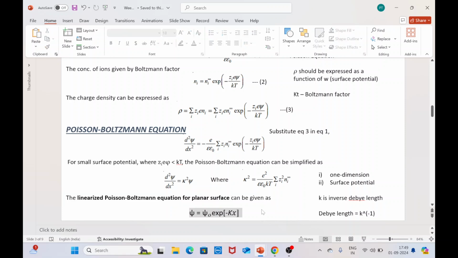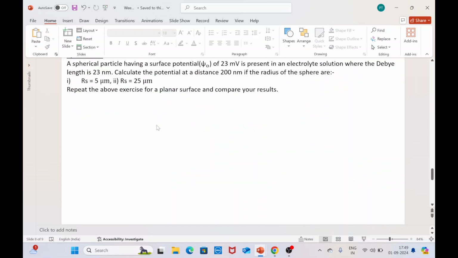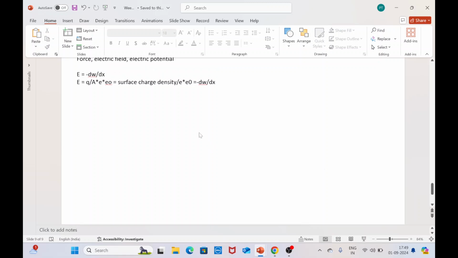In the video lectures, there is a derivation of the linearized Poisson-Boltzmann equation for a spherical surface also. Over there, the equation will be a bit different.